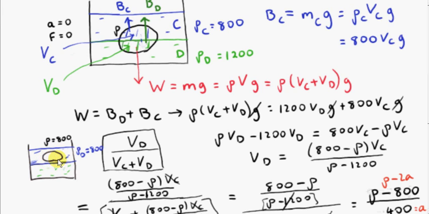Now, this makes sense because we could just replace the object with the surrounding liquid. And we know that if we did that, this object made out of the surrounding liquid would just sit here. It would be in equilibrium. The resultant force would be 0. We can do that because the mass will be the same, whether we use the object with a density of 800 or whether we replace it with liquid D, which has a density of 800.